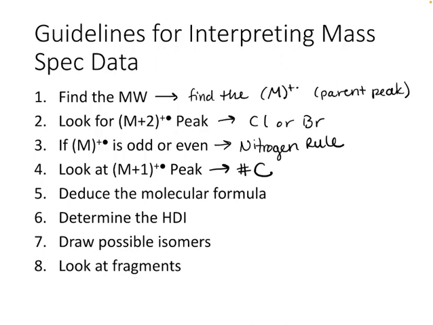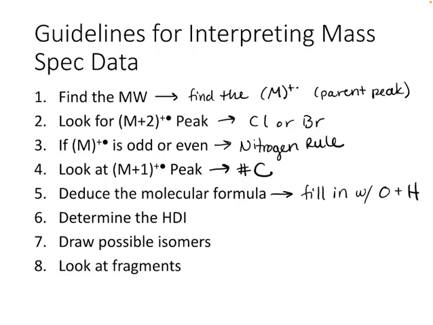Next, you're going to try to figure out the molecular formula from what you already know. How many carbons do you have? How much do they weigh? And then what is the leftover mass? Typically, the leftover mass will be due to oxygen and hydrogen, unless you already figured out that you have chlorine or bromine or a nitrogen.